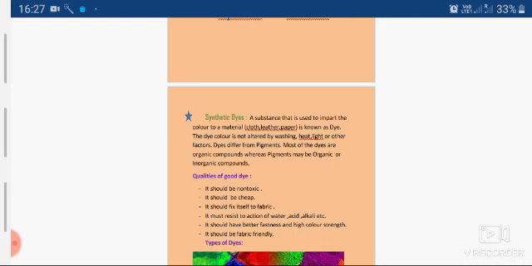Also, there is one another difference. Most of the dyes are organic compounds, while the pigments are organic or inorganic compounds. So, remember this difference between dyes and pigments.